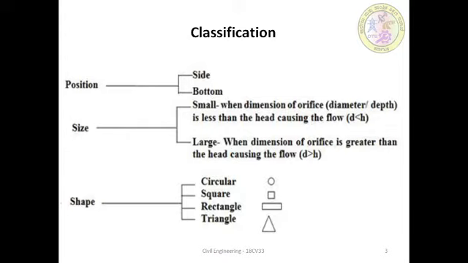Let us see them one by one. First, the position: how the orifice is located, whether it is at the side or at the bottom. In the previous figure, we saw that the position is at the side of the vessel or tank, or at the bottom of the tank.